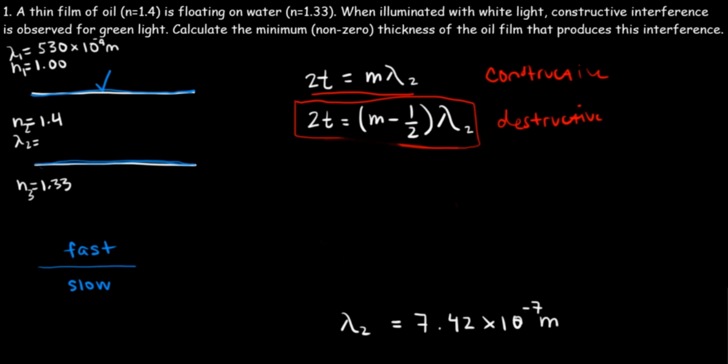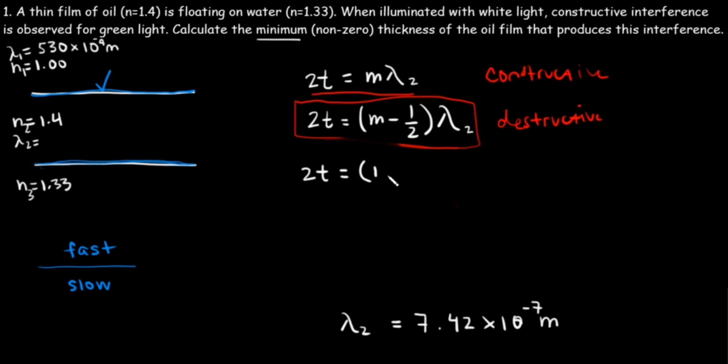Okay, so let's use this formula. 2t equals, remember that m cannot equal 0 because for some reason it's going to be negative. Since it's asking for the minimum, and m can be 1, 2, 3, 4, 5, or basically any number, the m that's going to give you the minimum is the smallest m you can have, and it's not 0, it's 1.